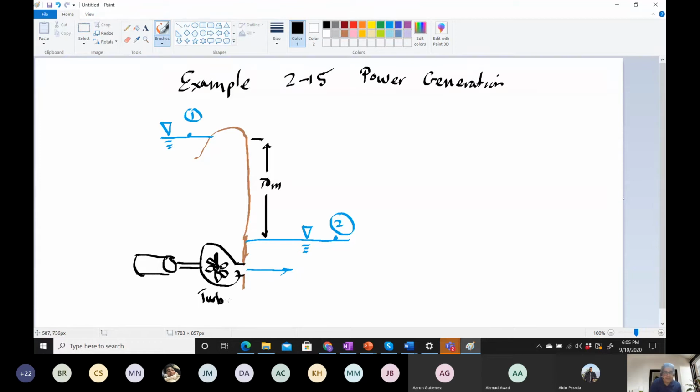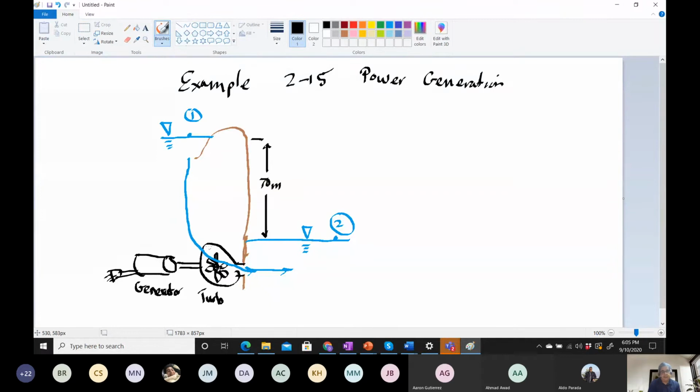Actually, this is a turbine. It's not a pump. So what it's doing is, let me draw a streamline here. Water basically is coming down, entering this turbine here, and it's turning the blades of the turbine, and the generator is picking up the power and producing electricity, right?